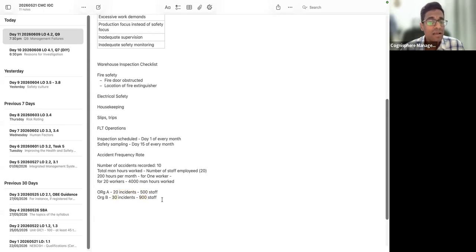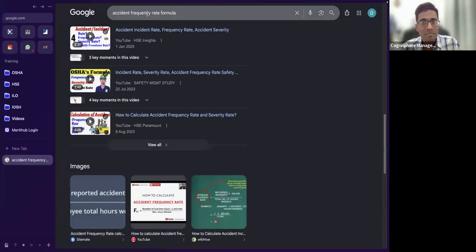So what we have is raw data. With raw data, we cannot make a direct comparison. So we need to convert it to a rate, and then we can directly compare using the rate. Another example is the accident incidence rate.